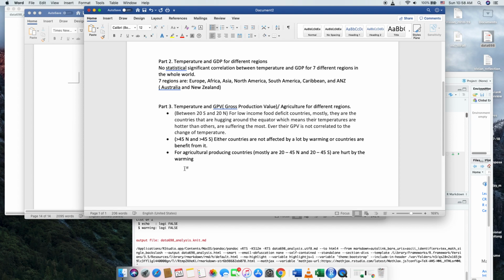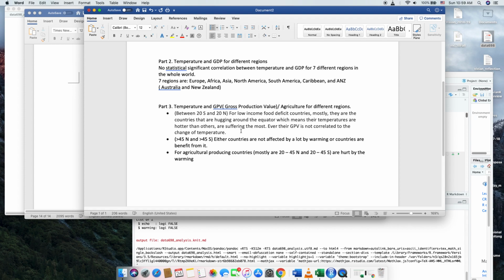If their output decreases, then that will probably cause supply to decrease and demand to increase. In macroeconomics terms, that will make the food deficit countries suffer because they have to pay a higher price, and maybe they cannot afford it because their GDP is already pretty low to begin with.